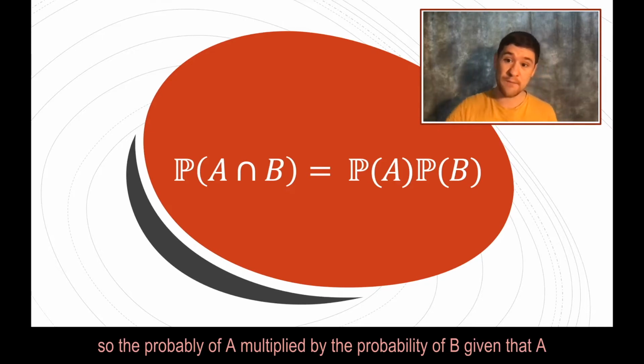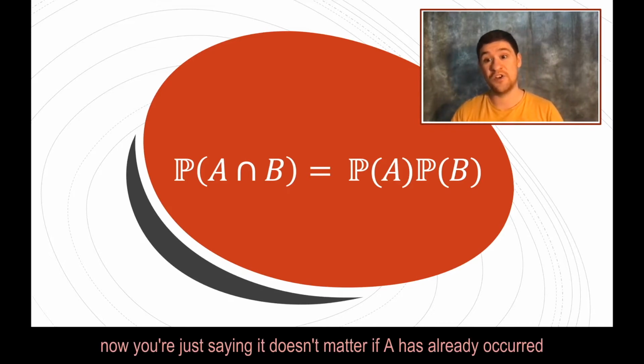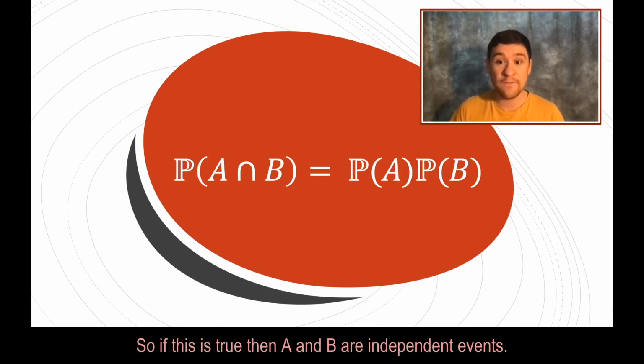So probability of A multiplied by the probability of B given that A has already occurred. Well, now we're just saying it doesn't matter if A has already occurred. Probability of A multiplied by probability of B. So if this is true, then A and B are independent events.